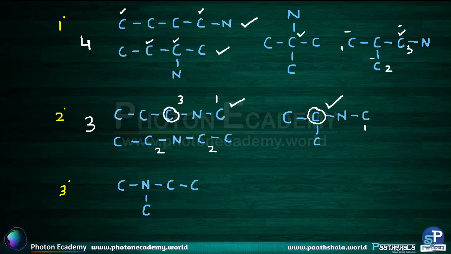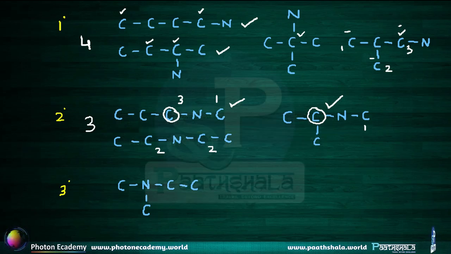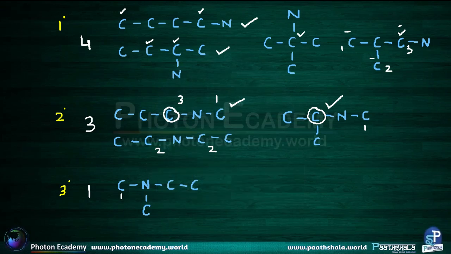And for 3 degree amine, in which the nitrogen atom is linked to only carbon atoms, we have only one possible structure. Here there are two groups attached to the nitrogen atom in which only one carbon atom is present, and one group attached to the nitrogen atom in which two carbon atoms are present.